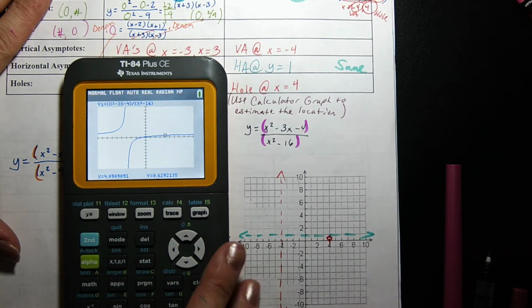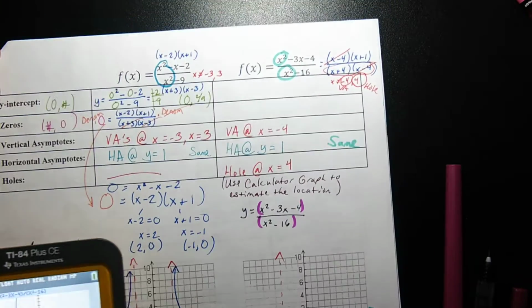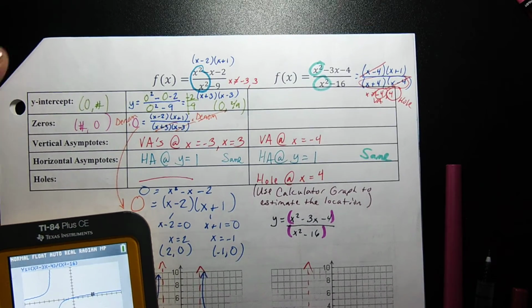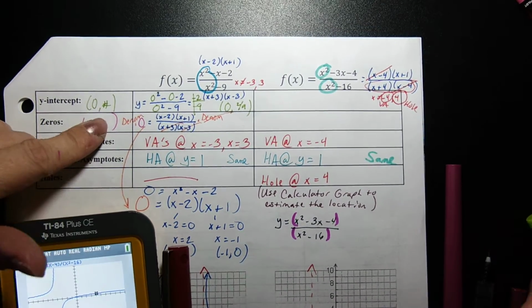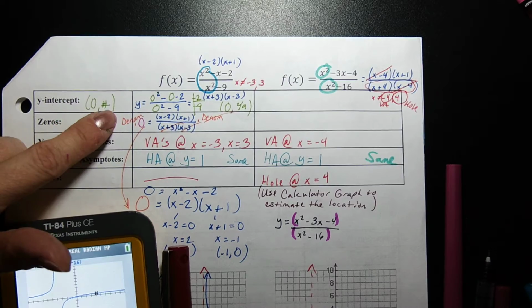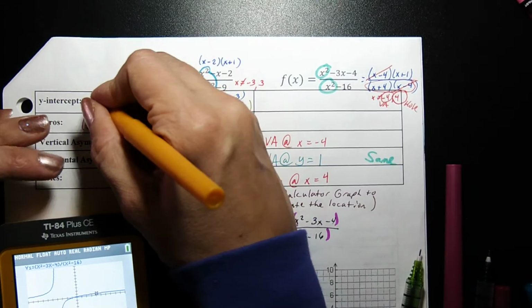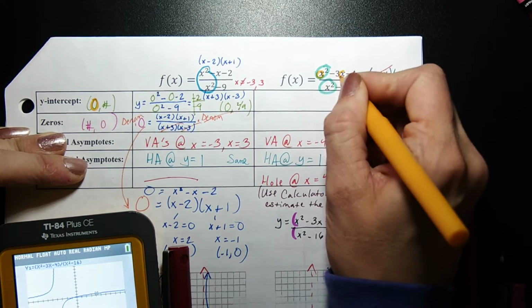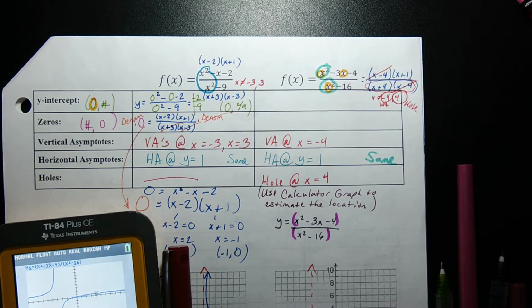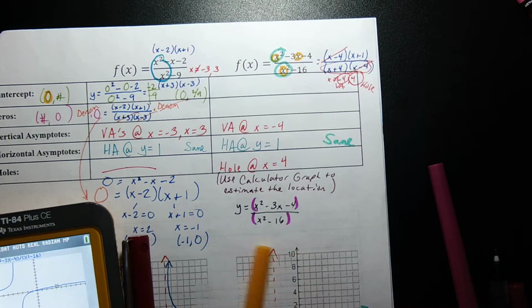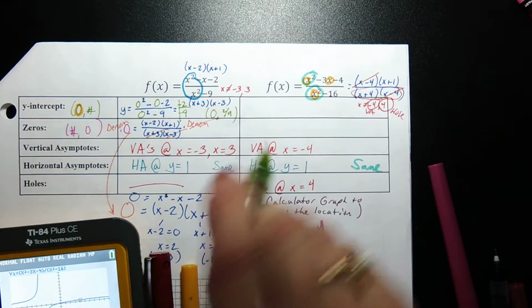So let's go ahead and see if we can get some exact points by using our y-intercepts and our x-intercepts. For the y-intercept, we've got 0 and a number, so we're going to take 0 and plug it into this equation everywhere we have an x value.